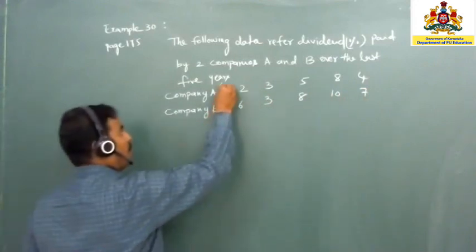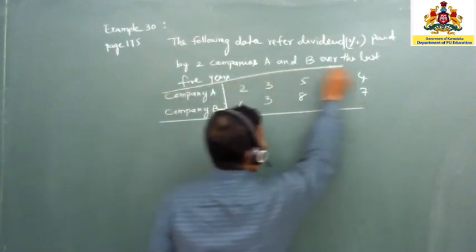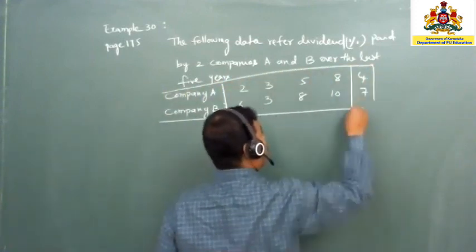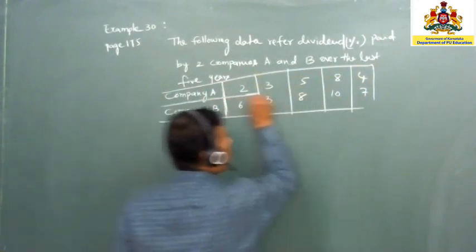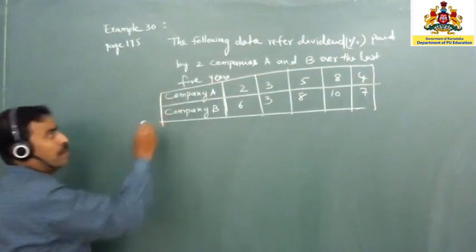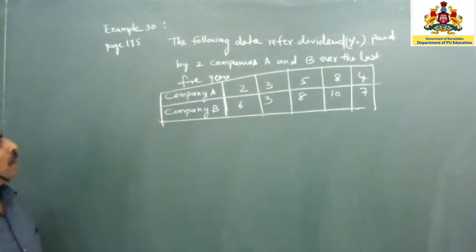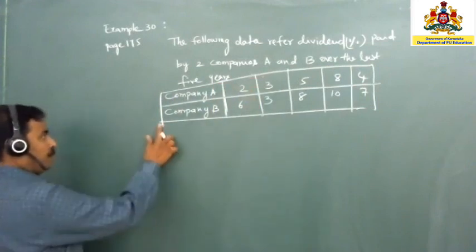It will be given with commas or data. Here there are individual observations, no frequencies.